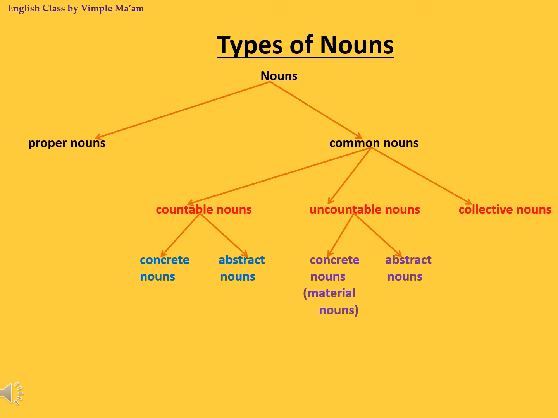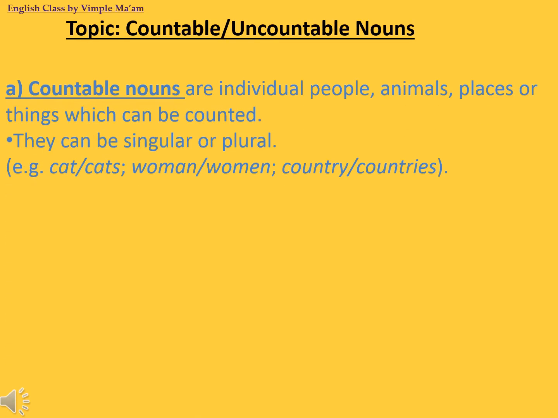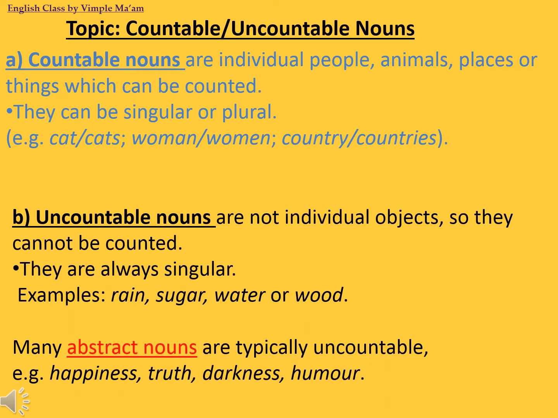Countable nouns have two more categories, concrete nouns and abstract nouns. Uncountable nouns are also divided into two categories, concrete nouns and abstract nouns. In this session, we are going to learn about countable and uncountable nouns.